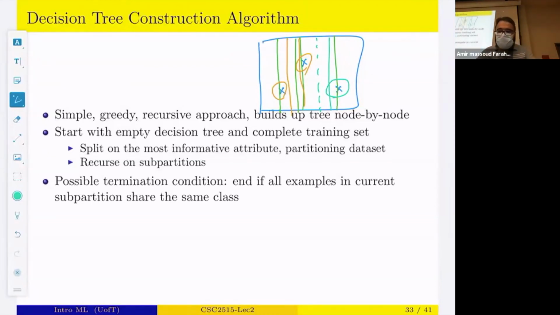Okay, let's see some questions here. So the split threshold is based on the training data. Yes, that's true. How do you find the most informative attribute using information gain? You have a for loop essentially going over all possible attributes.